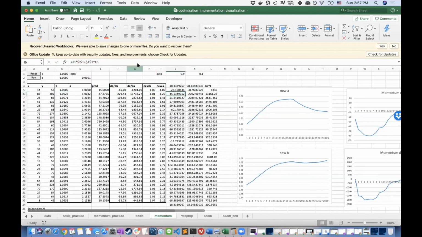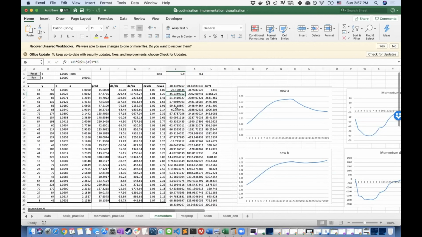And the momentum is calculated with 0.9 times your previous momentum, plus your current gradient times 0.1. And that's how it's calculated.